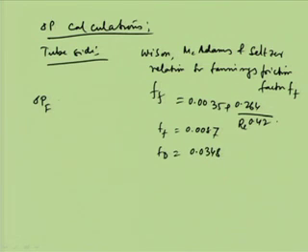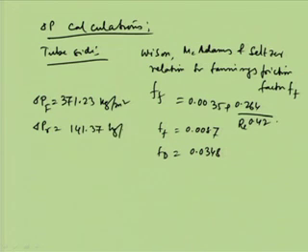Then delta PF we get as 371.23 kg per meter square, and delta P return loss, from the equations we already discussed, we get as 141.37 kg per meter square.